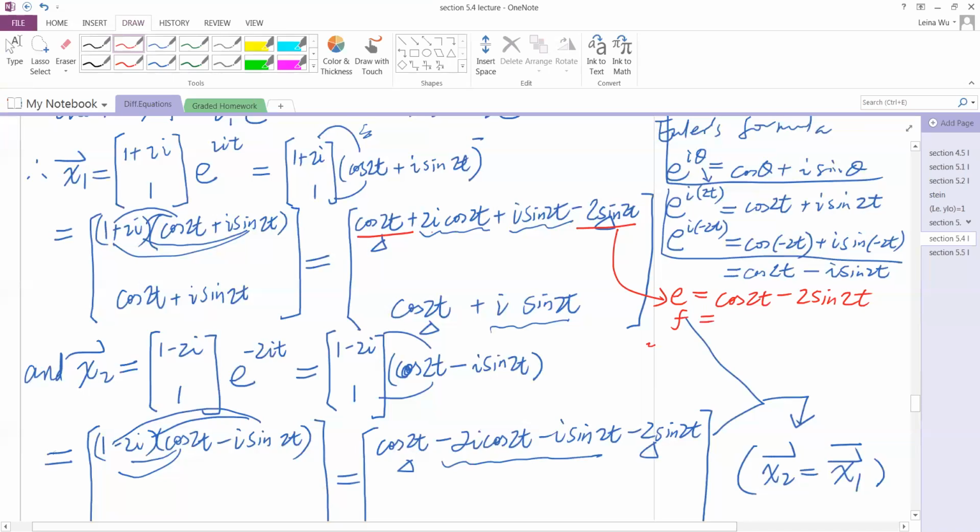And F would be the imaginary part of the first component, so that'd be 2 cosine 2t plus sine 2t.